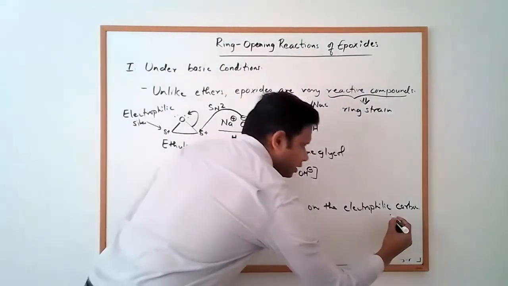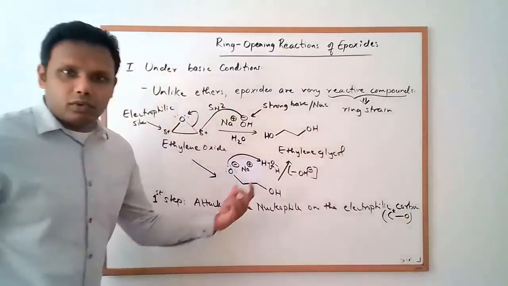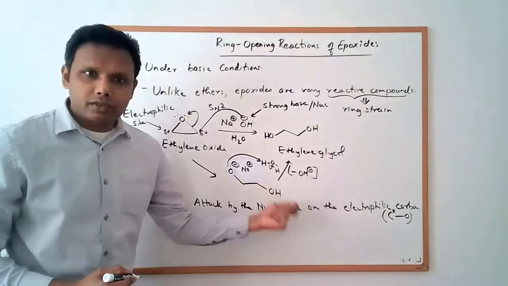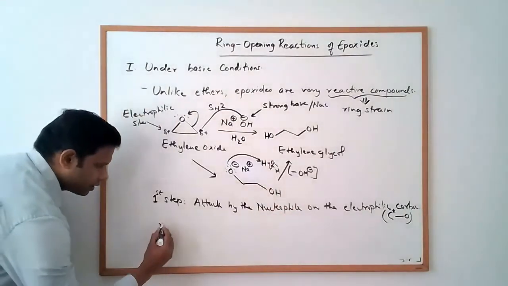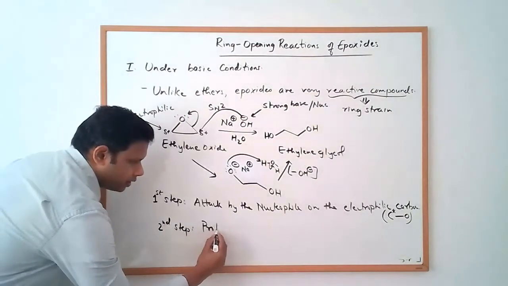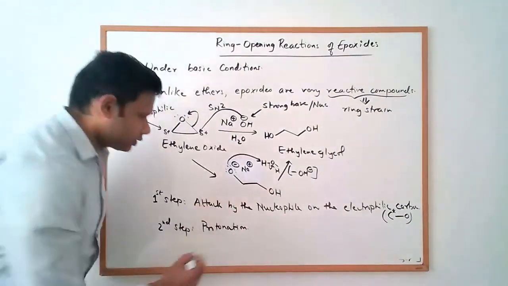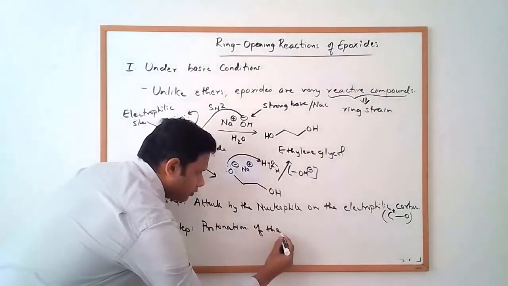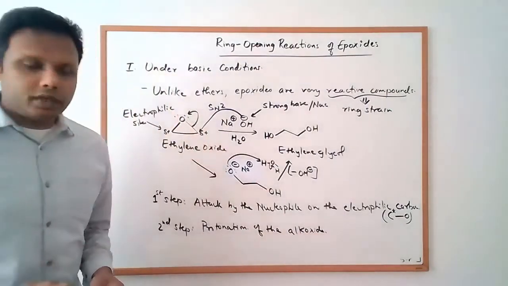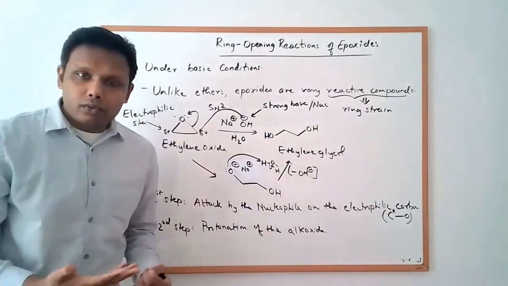That's basically the carbon connected to the oxygen atom, one of the two carbons. But we will look at some regiochemistry issues later. And then the second step is protonation of the alkoxide.